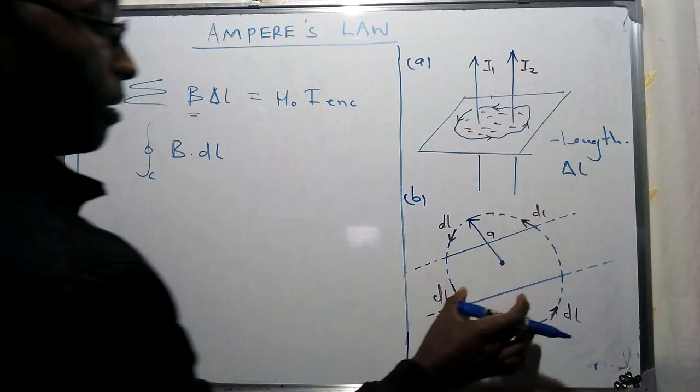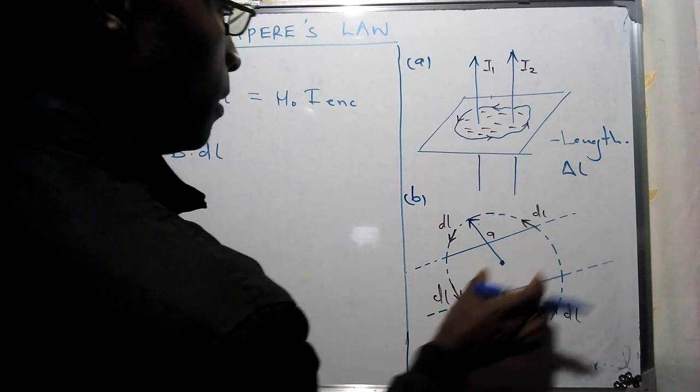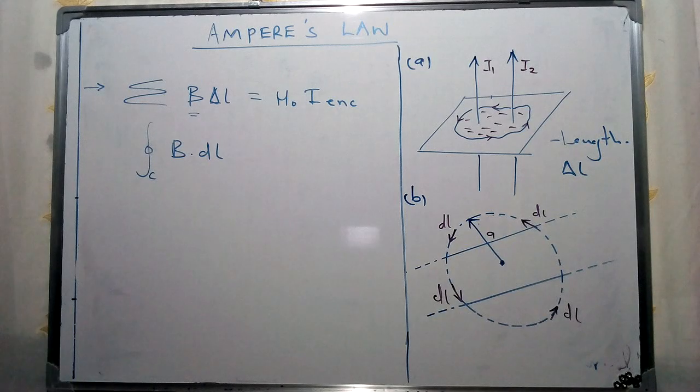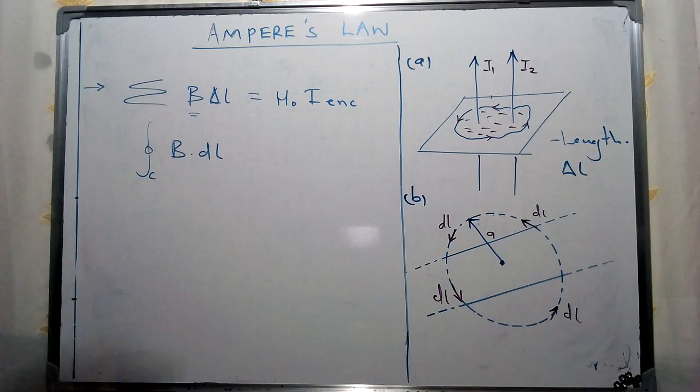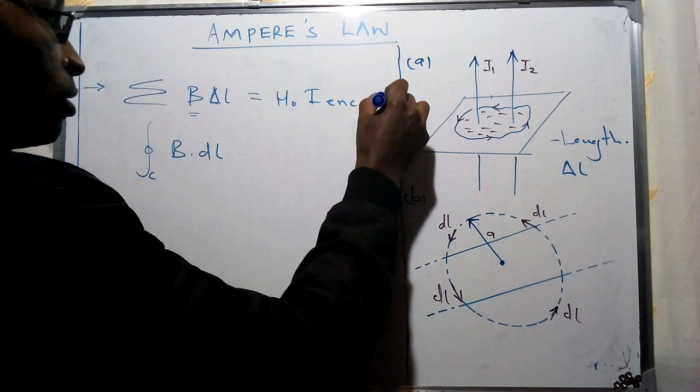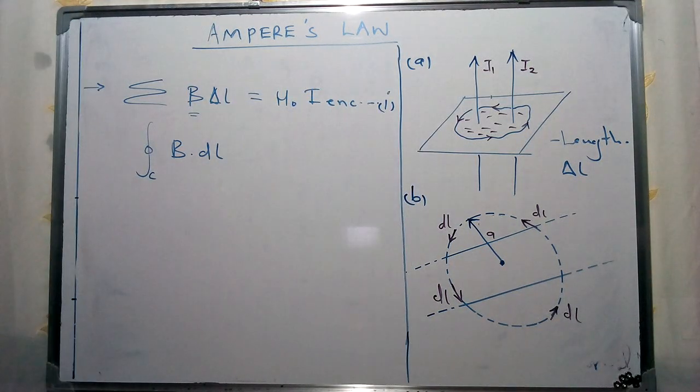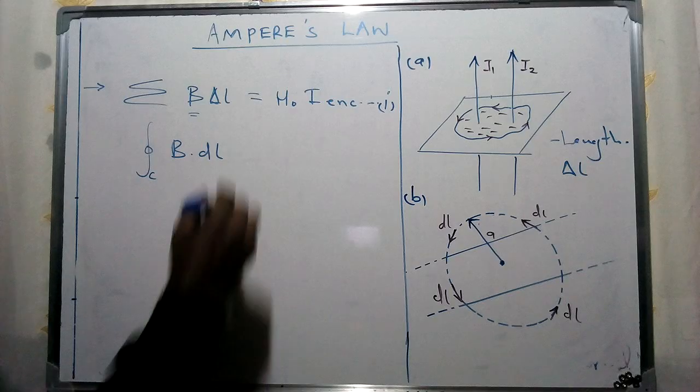So we're going to consider this closed path as what we refer to as an Amperean curve, and that is going to assist us in evaluating the second bit. So I'm going to give this specific relationship, which we'll assume is our equation 1, in this form.